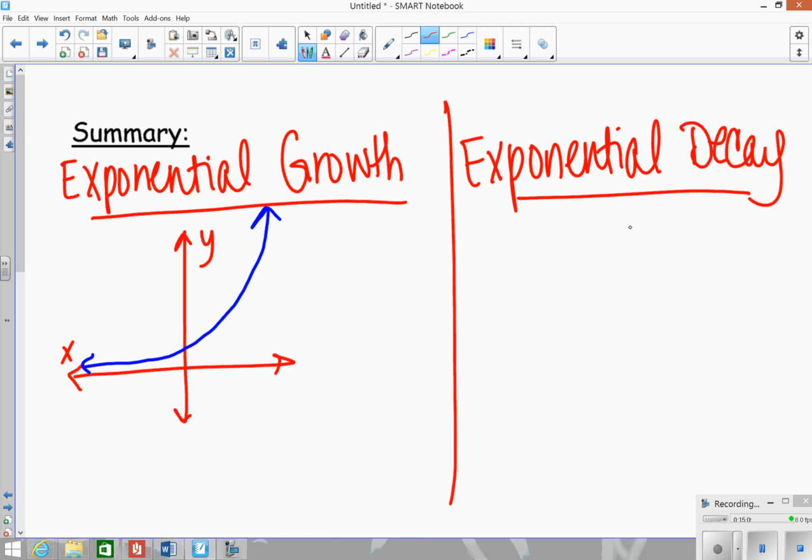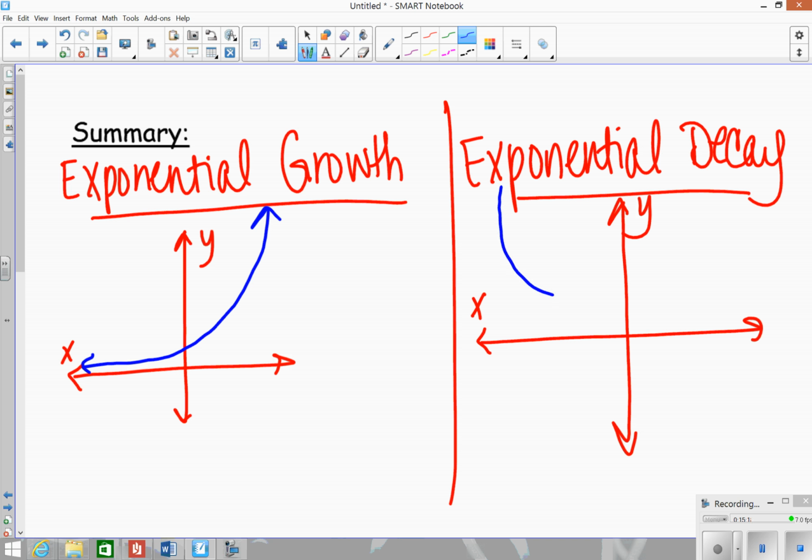Where an exponential decay function will always be going downhill, getting really, really close to 0. And remember, it should be curved like that.